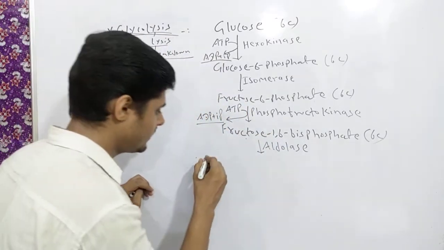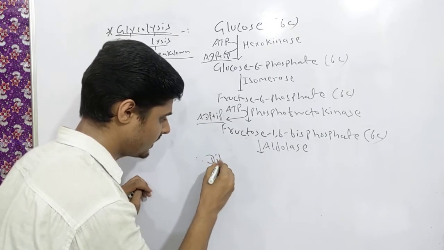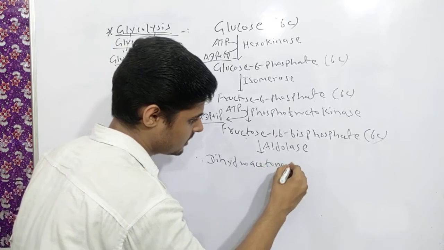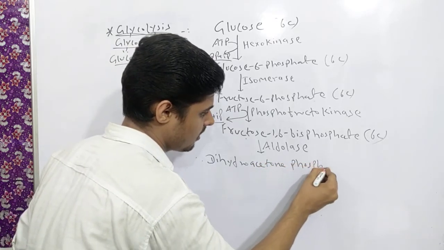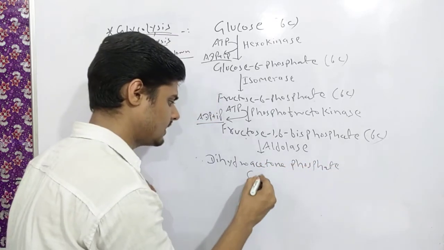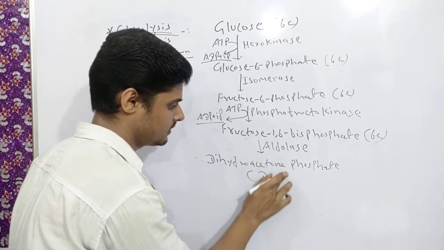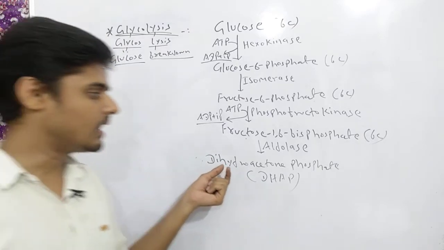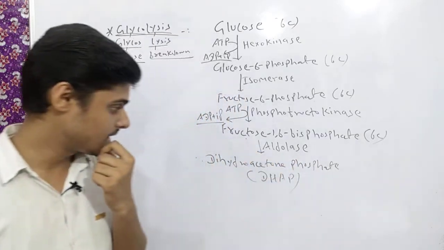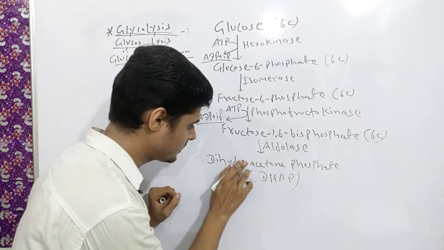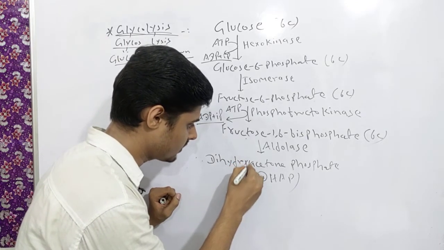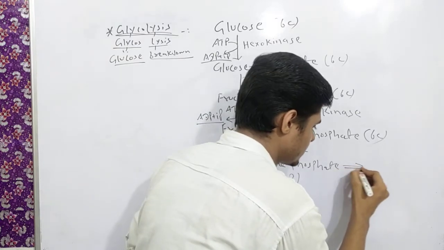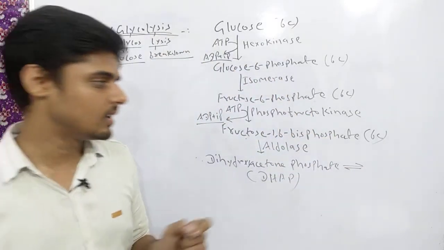One is called dihydroxyacetone phosphate, or you can say in short, DHAP. And this dihydroxyacetone phosphate is in equilibrium with 3-phosphoglyceraldehyde.